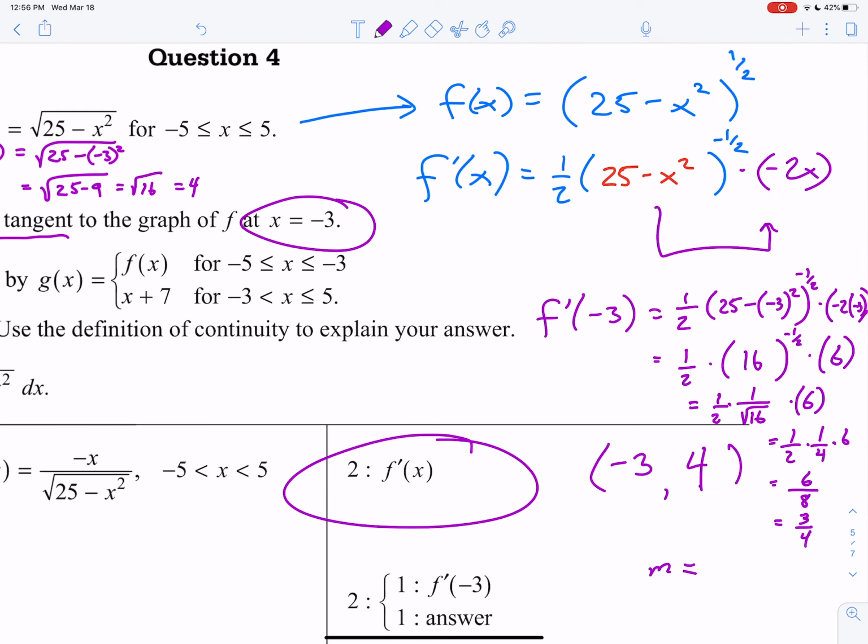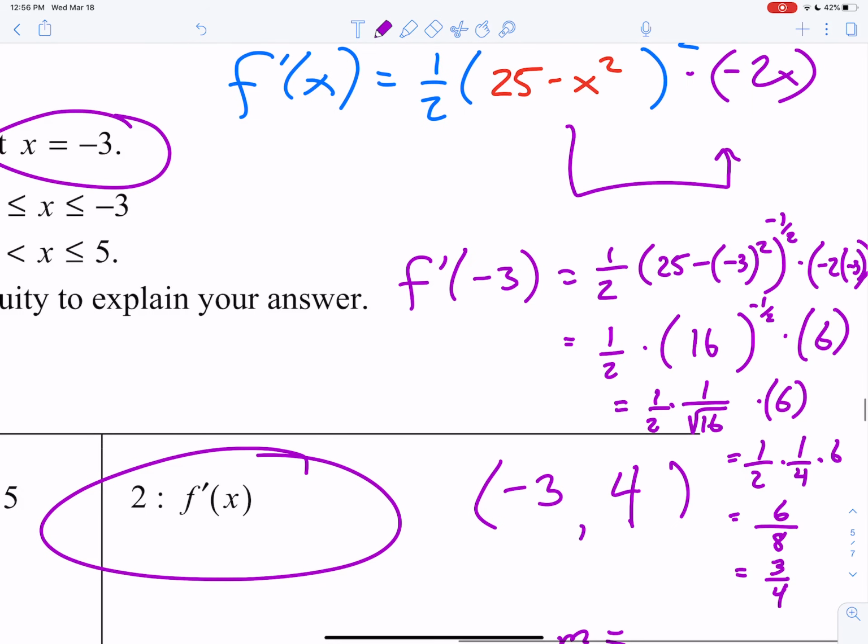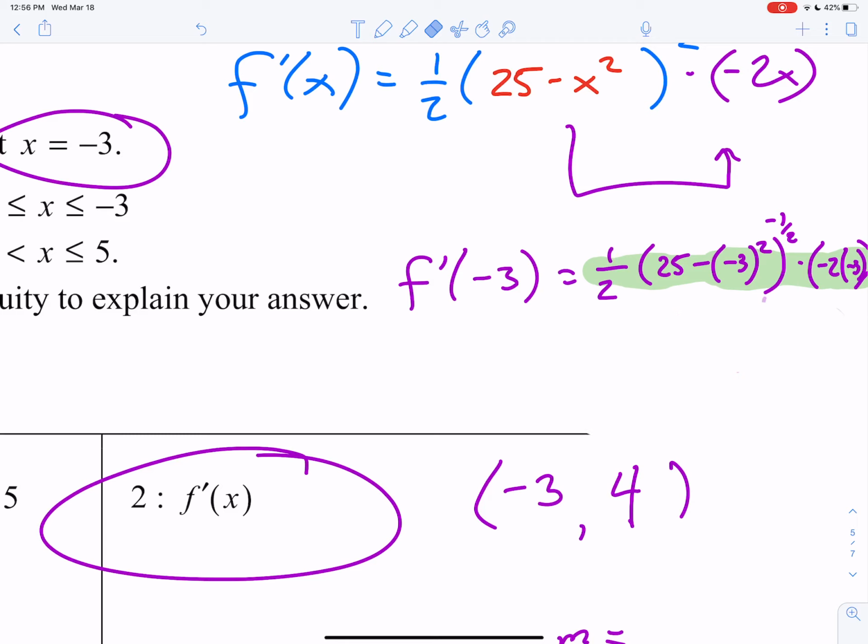You could go all the way through, but really, the moment you plug in your -3, you're actually done. Equal is equal, okay? So you actually didn't have to do any of that right there, okay? Now, the downside to it is, if you leave it, your slope is going to be really messy, so your equation of a tangent line is going to be really messy.